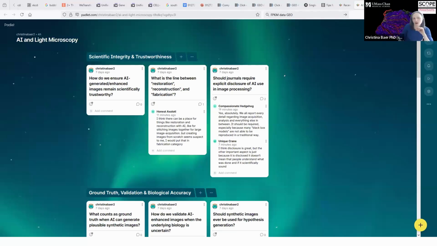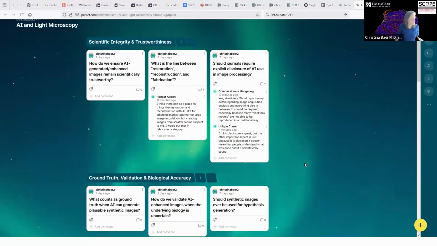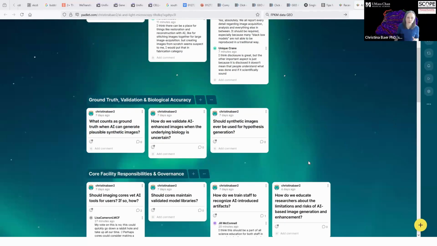No, I think that makes a lot of sense, and it kind of takes us to our next topic area about ground truth and biological accuracy too. For me at least, it's very black and white: generating data completely out of essentially thin air using one of these tools is fraud, in terms of a synthetic microscopy image. But what about an image that's generated using a trained model, right?